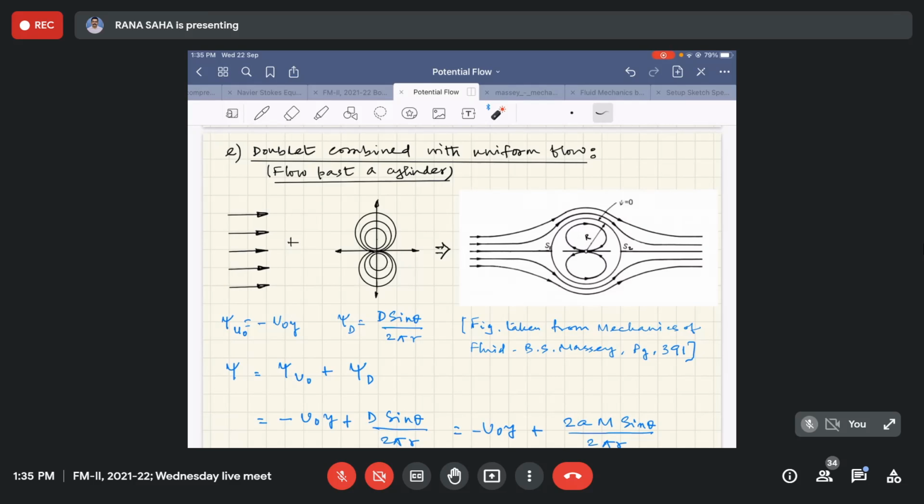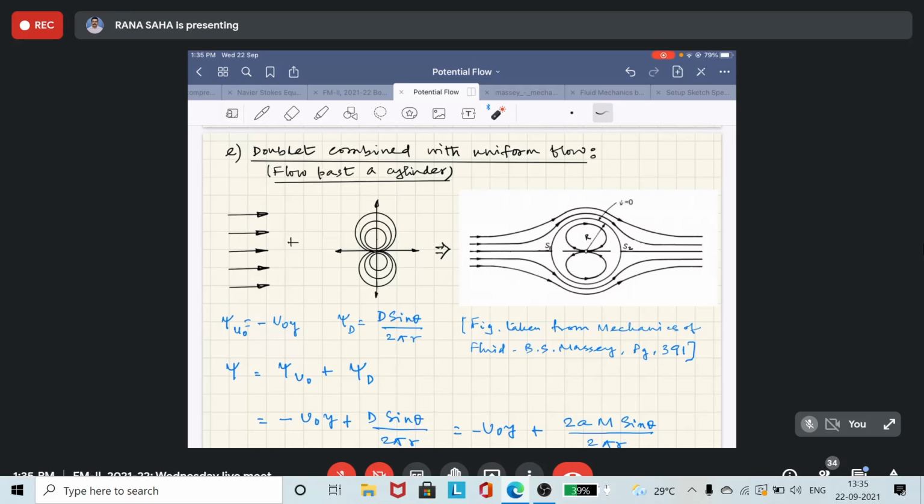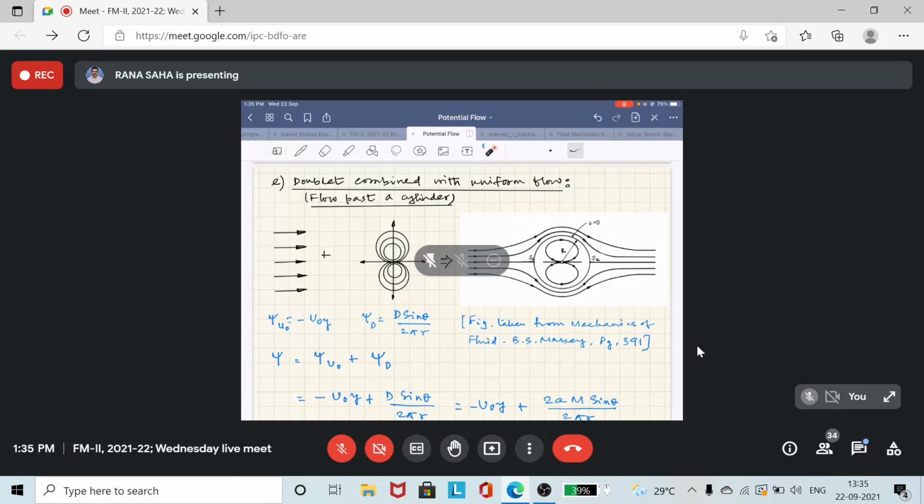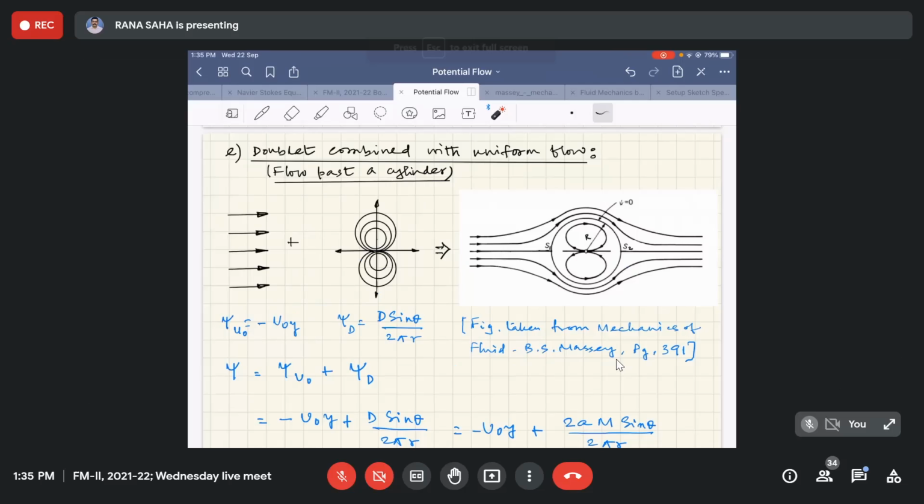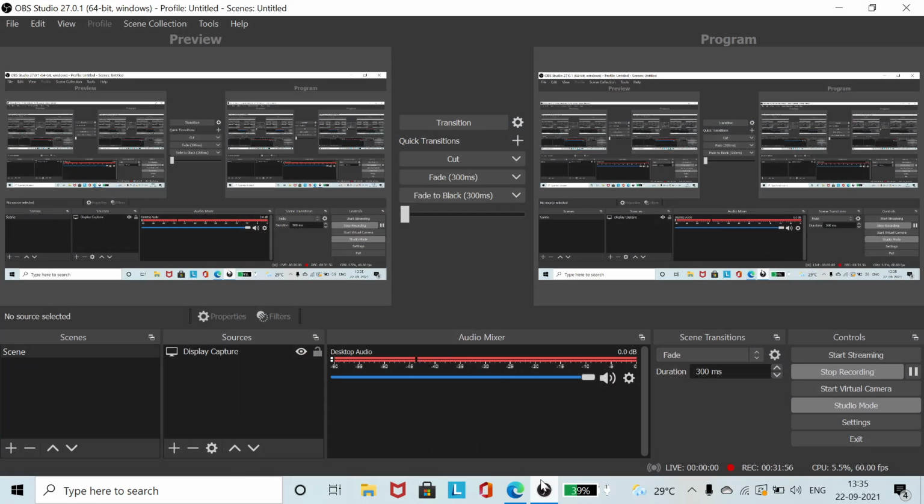Anyway, from the source and sink pair, the second, the doublet, is being added with the same free stream or uniform flow. That resulted in this particular streamline as a perfect circle, and that can be thought of as flow past a cylinder. So that is the importance of having the concept of a doublet or dipole flow, or the mathematical expression of this stream function for that particular type of flow situation. Ultimately, we get an idea of how the streamlines may negotiate a body which is a cylinder.